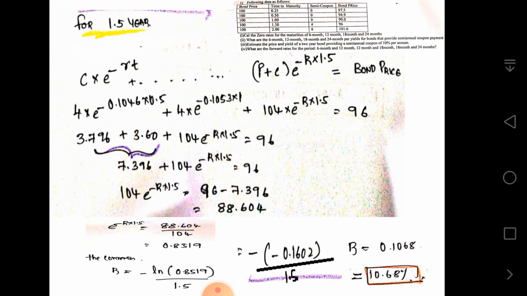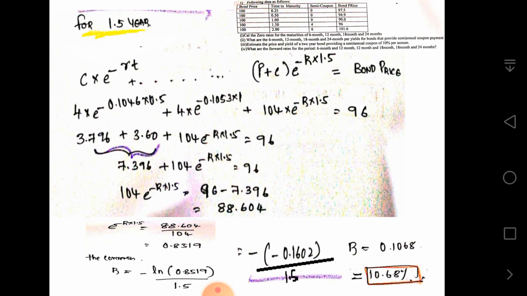So this exponential to the power of minus value will become minus ln, open the bracket, the simplified value I got, 0.8519, divided by 1.5, which was there as a product with r, that will come down to the denominator 1.5, right?